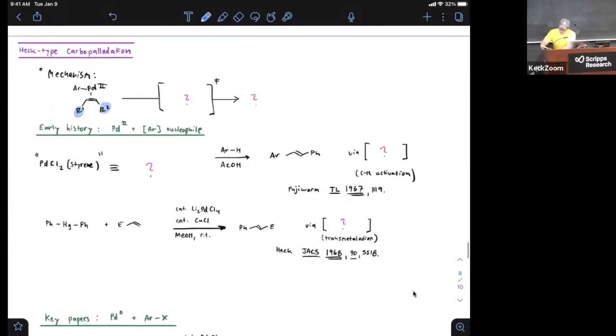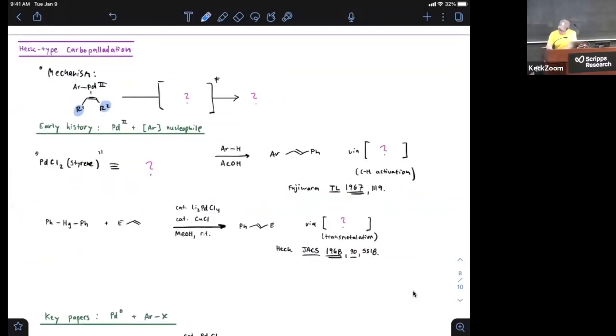So let's talk about Heck-type carbopalladation here. I realize some of this may be review to some of you, but we'll zoom in with quite a bit of detail just so that everyone's on the same page, and then moving forward, we'll discuss this with a little bit less detail. So let's first consider how this is working mechanistically.